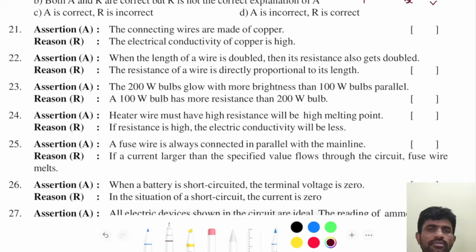Second question. When the length of wire is doubled, the resistance also gets doubled. Is it true? Length of wire and resistance both increase. If they increase, both are increased. If they decrease, both are decreased.